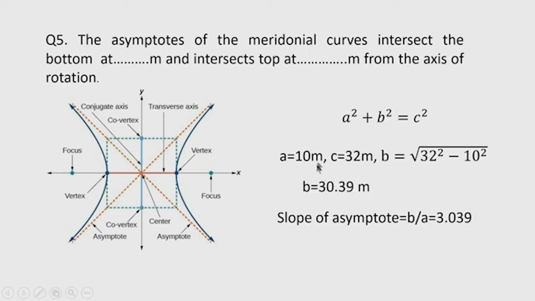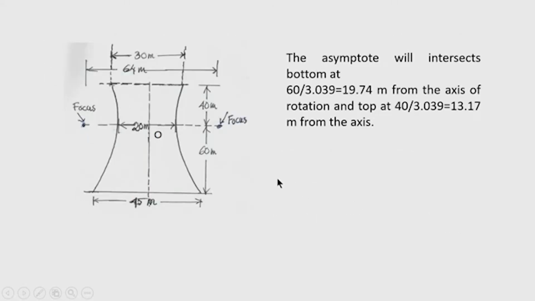Now, knowing b and a, we can find the slope of the asymptote. The slope of the asymptote can be found as b by a. So, b by a is 3.039, that is the slope, and if we consider a triangle now with this slope, then tan phi equal to 3.039.